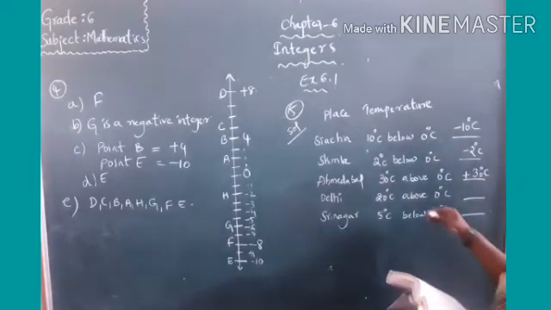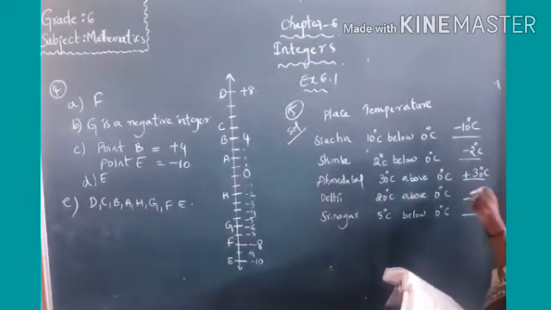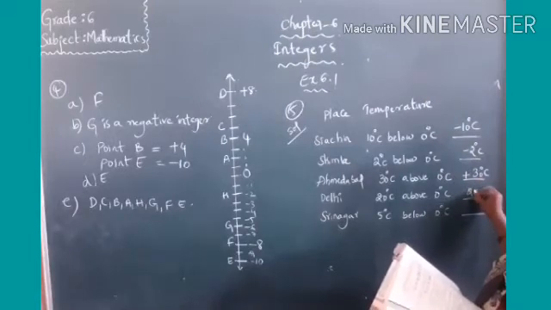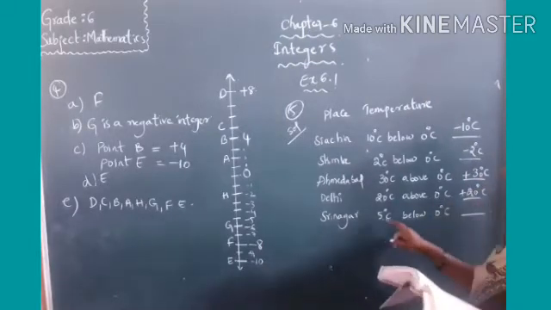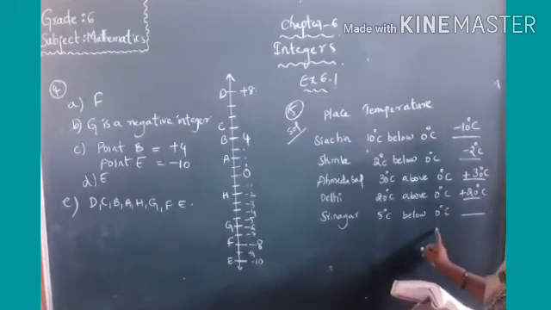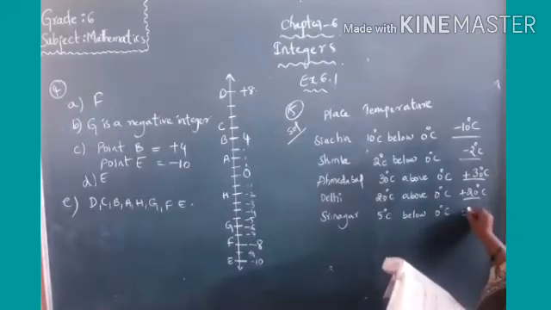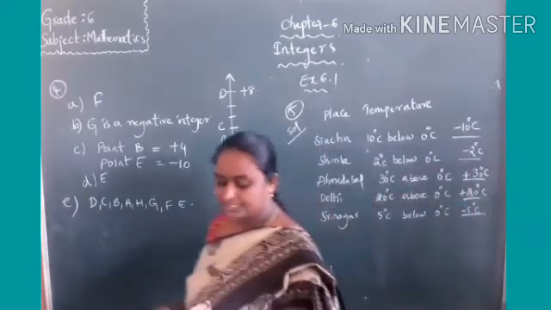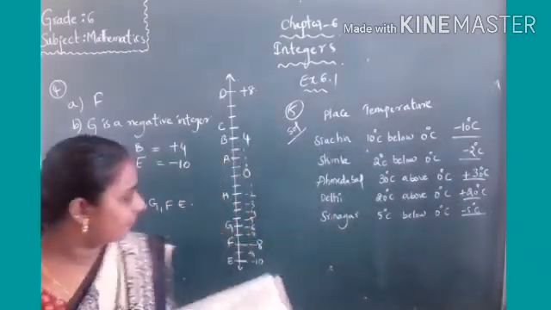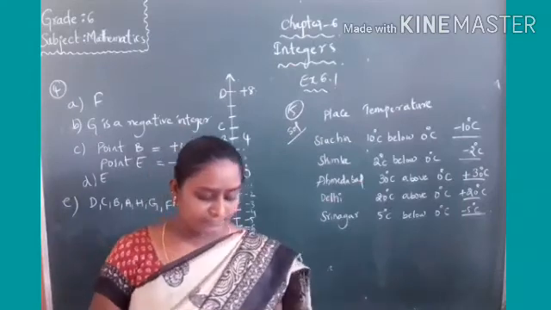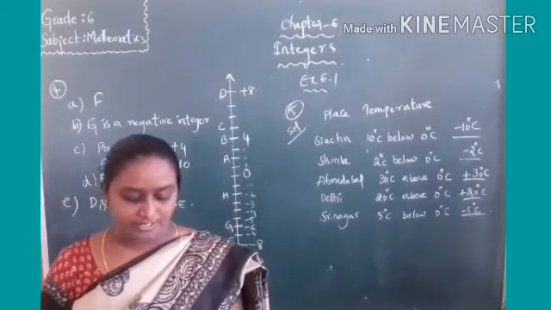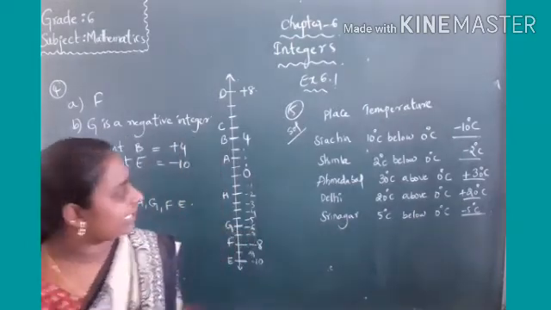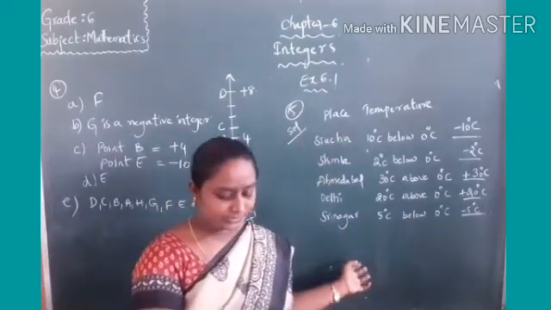Next, 20 degrees Celsius above 0 degrees, plus 20 degrees Celsius. 5 degrees Celsius below 0 means minus 5 degrees Celsius. Okay, right. So first one, write the temperatures of these places in the form of integers in the blank column. Yes, we have completed this one.